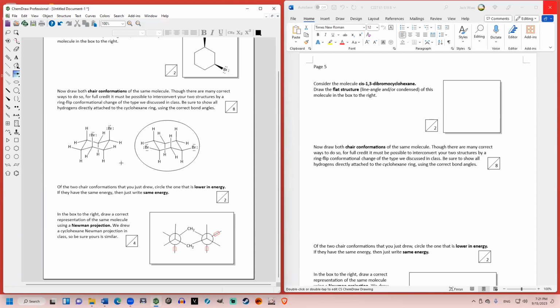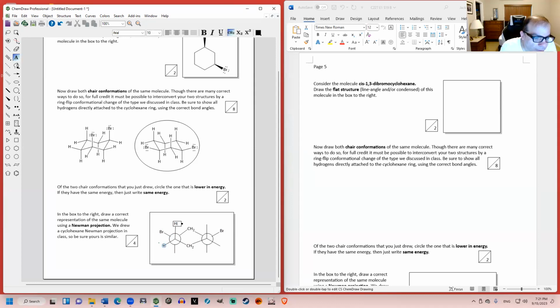You can switch the front and back carbons, yes. So there are multiple ways to draw this. I'm going to put the bromines on the back carbons, but this is by no means the only correct way to do it.